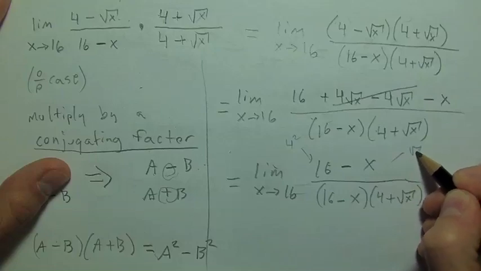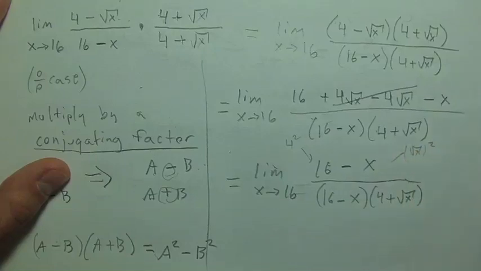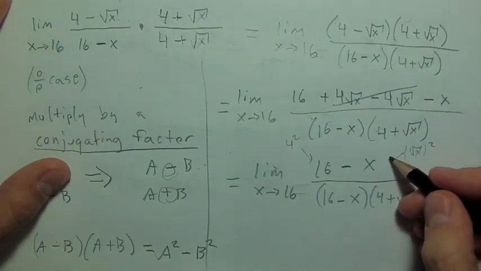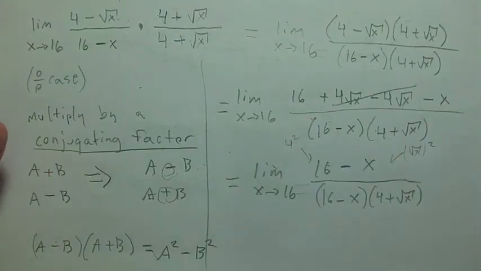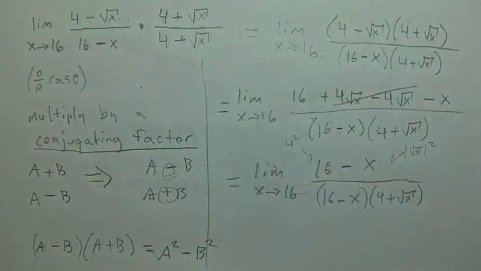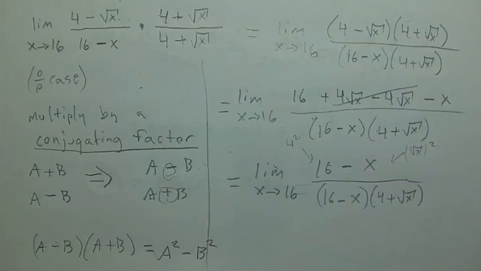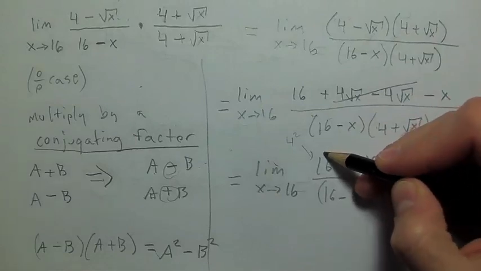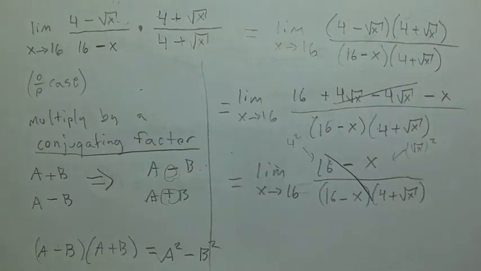That's the square root of x squared. Right? That's your a squared minus b squared. That's always going to happen, and that's why this method is actually useful. That's why it helps us calculate limits, especially because now this 16 minus x will cancel.